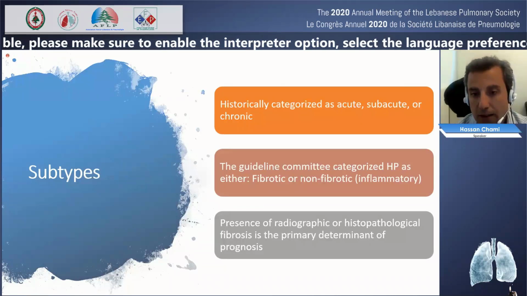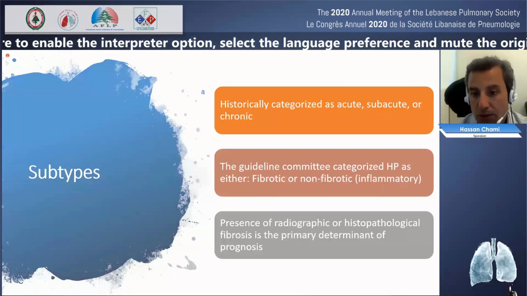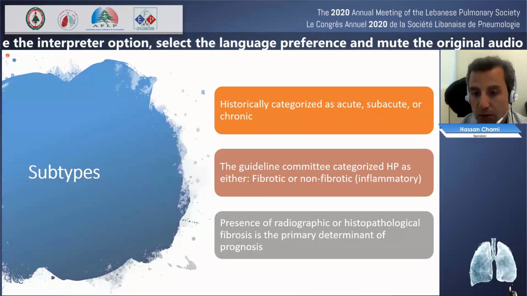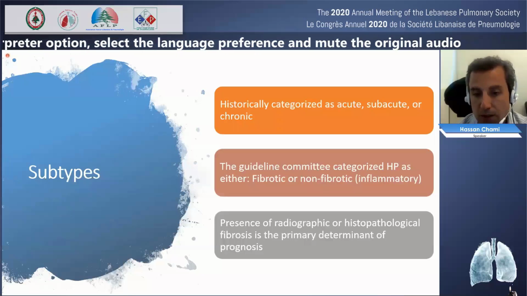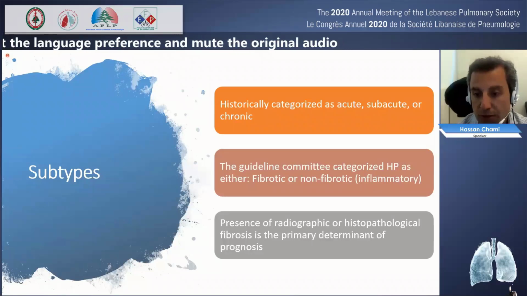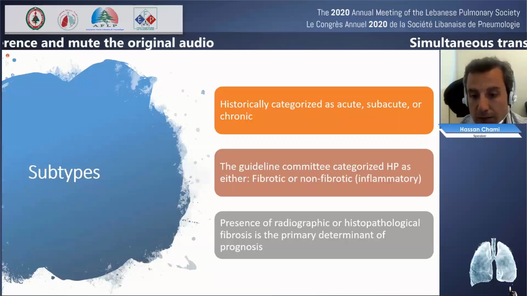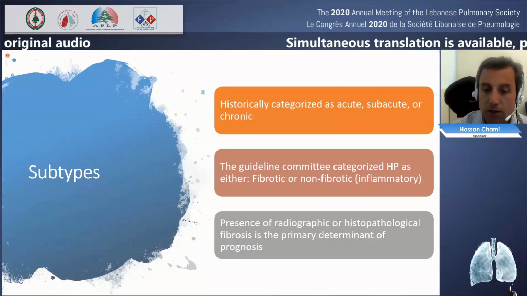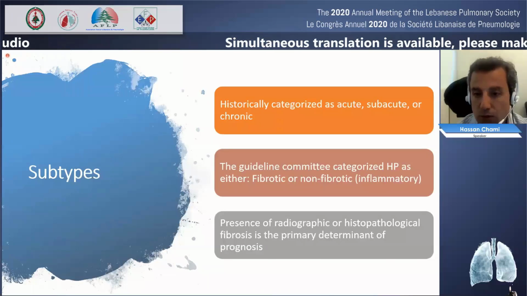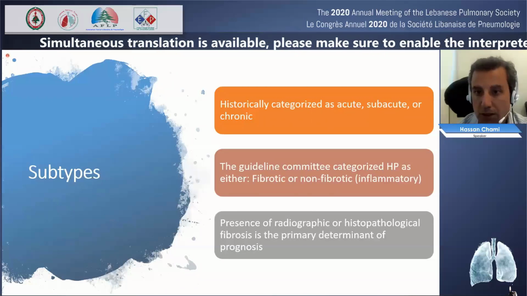And the guideline committee instead used the dichotomy of fibrotic versus non-fibrotic or inflammatory HP, because there was an appreciation that the presence of radiographic or histopathologic fibrosis would be the primary determinant of prognosis. So they stuck mostly to fibrotic and non-fibrotic and did not adopt the historical categories of acute, subacute, or chronic.